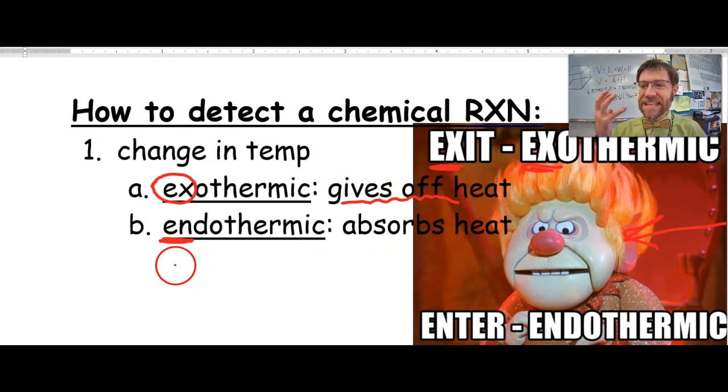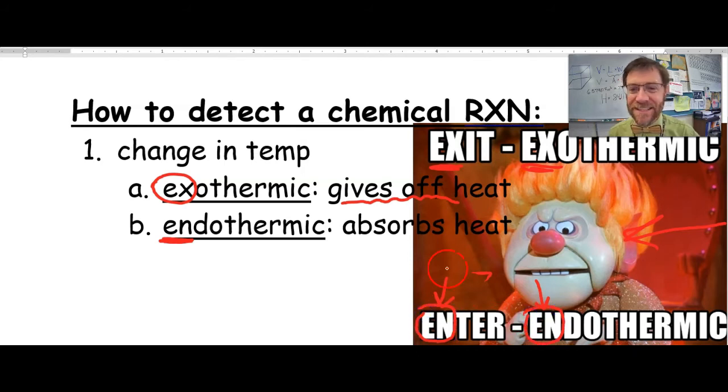Endothermic means heat is entering the chemical reaction. Just like if Mr. Heat Miser goes into or enters the chemical reaction, it is endothermic. Do you see these prefixes here? It's almost like sometimes the English language makes sense. Not often, rarely, but there it is.